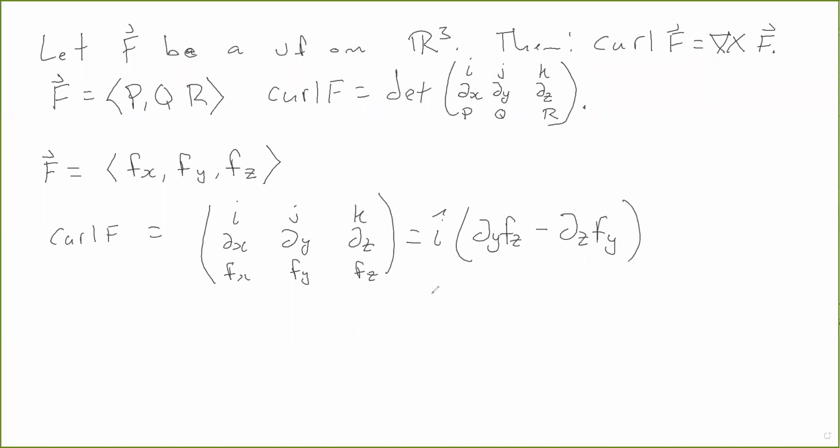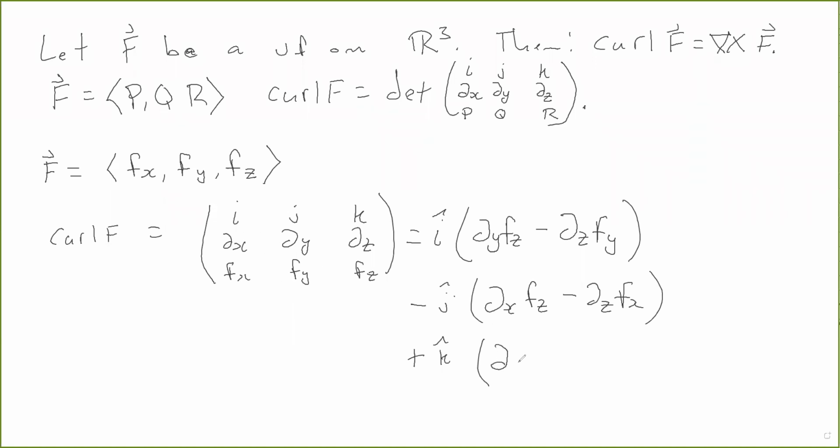Okay, minus j hat times this 2 by 2 matrix. So it's going to be the partial derivative of fz with respect to x minus the partial derivative with respect to z of fx, plus k hat times the determinant of this 2 by 2 matrix.